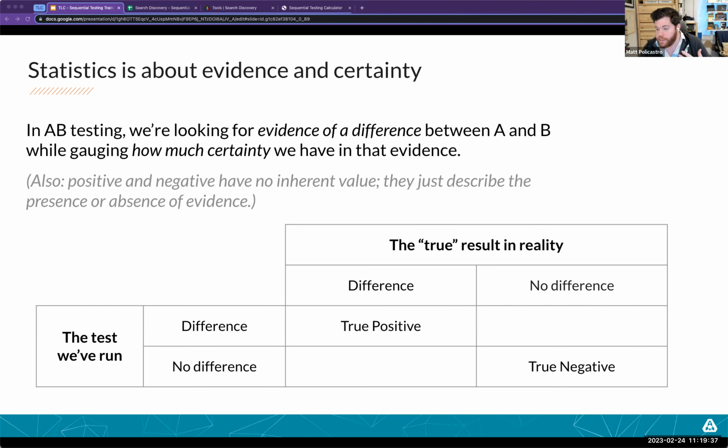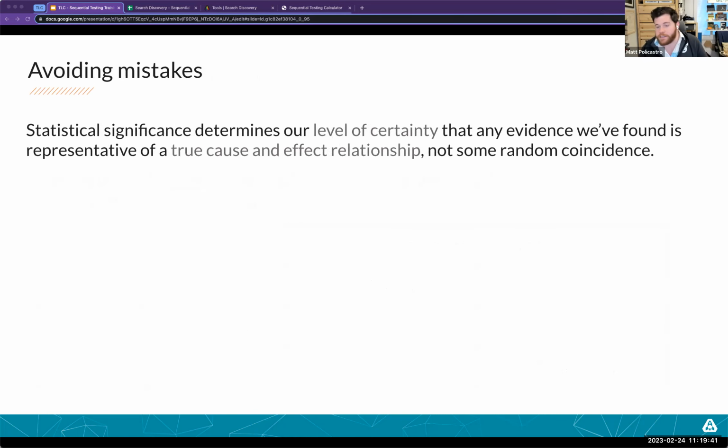Now, of course, there are these empty spaces on this plot. What are those about? So again, going back to statistical significance, significance is determining a level of certainty that any evidence we found is representative of a true cause and effect relationship and not some random coincidence. We live in an entropic universe. Weird stuff happens all the time. In our hay bale example, I could have my little satchel of needles that I've collected, because of course I don't want to drop those back into the hay bales after I've inspected them.